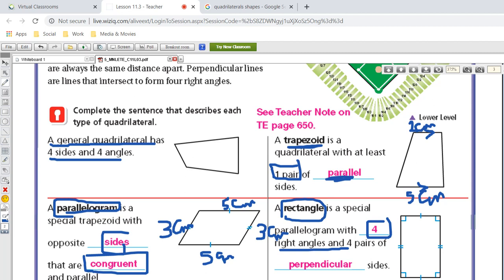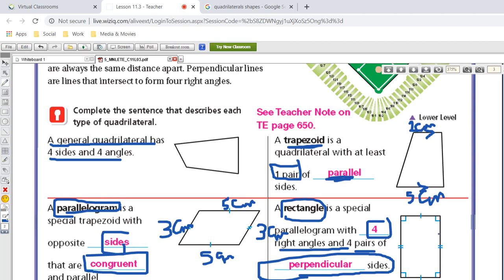So a rectangle is a parallelogram with 4 right angles. If we put a right angle in a parallelogram, it will be converted to a rectangle. So a rectangle is a parallelogram with 4 right angles and 4 pairs of perpendicular sides.